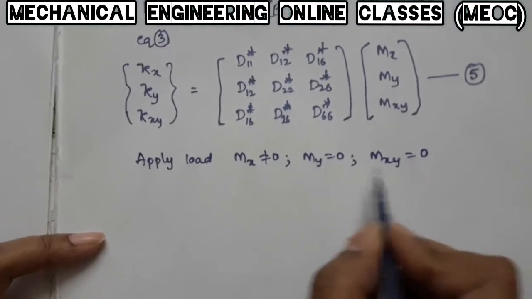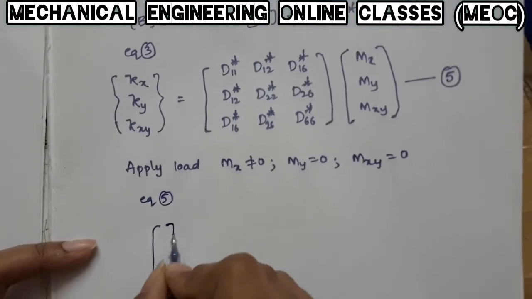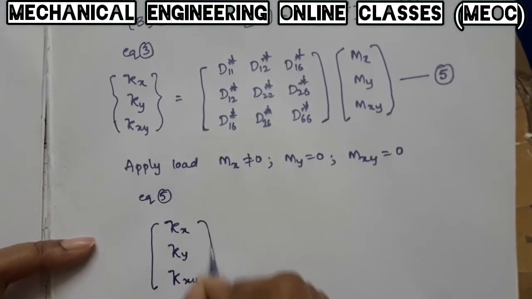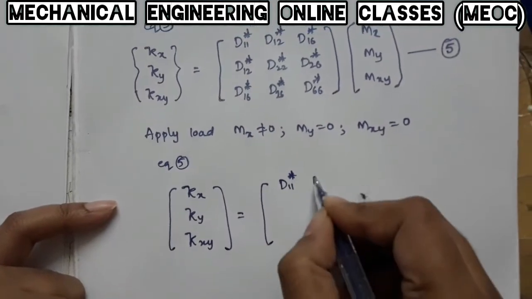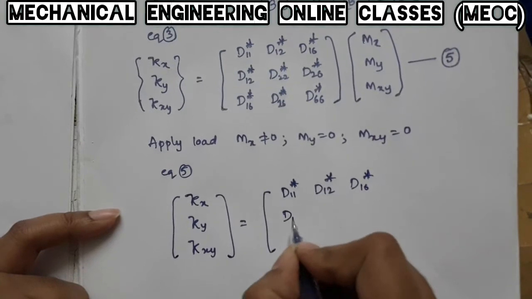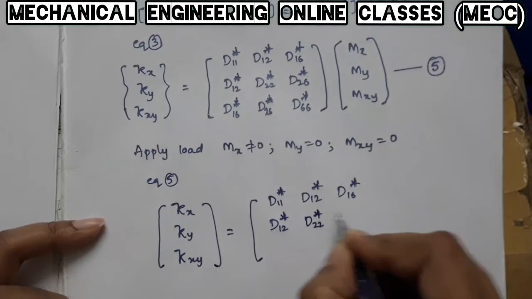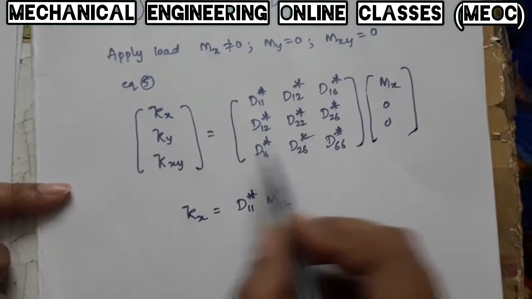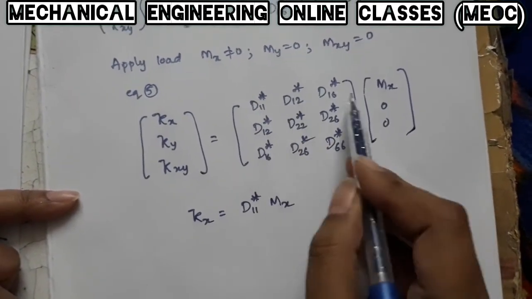Now I will substitute these values in equation 5. kx, ky, kxy is equal to D11 star, D12 star, D16 star. I have substituted the values like this, and I got kx is equal to D11 star into Mx plus 0.